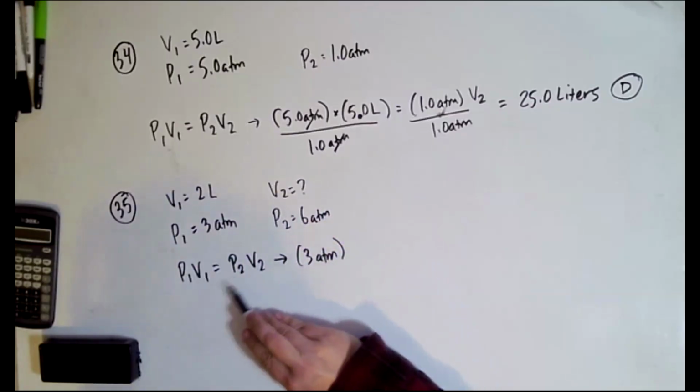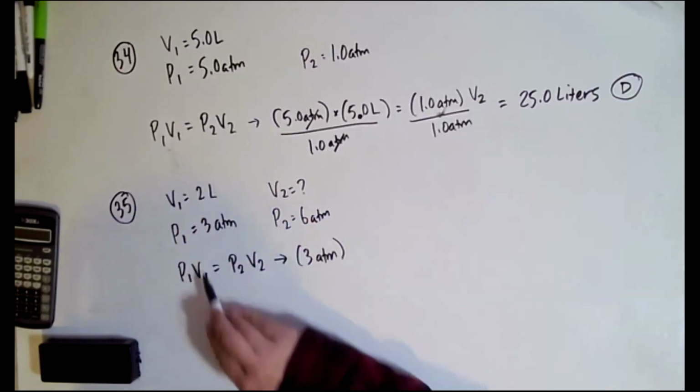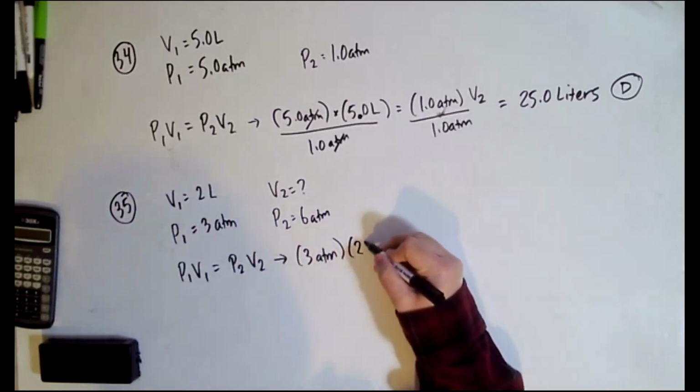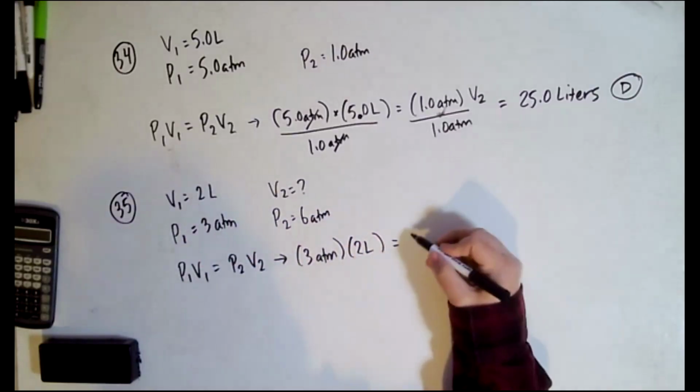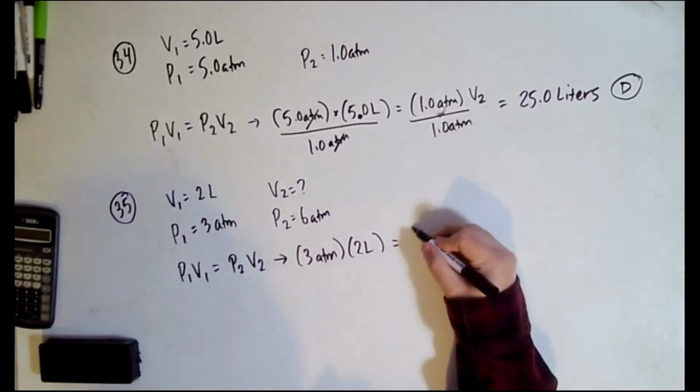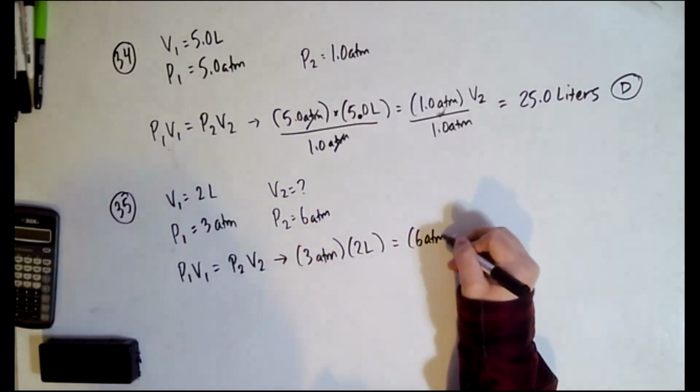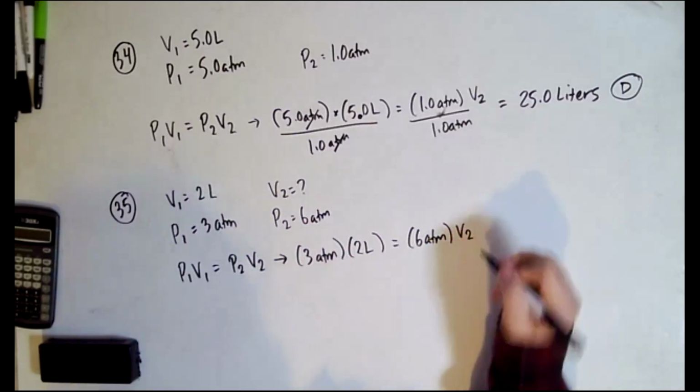So we'll plug in our 3 atmosphere for P1, our 2 liters for V1, our 6 atmosphere for P2, and then we'll solve for V2.